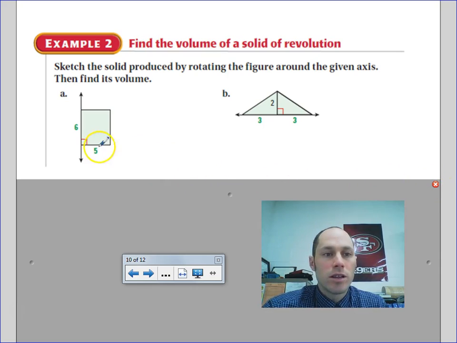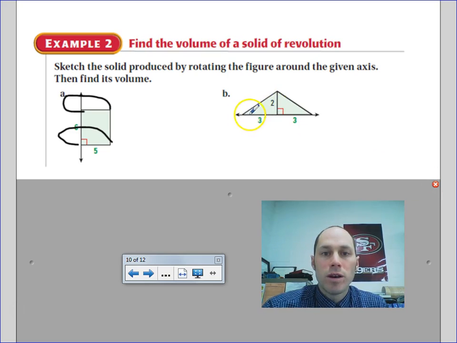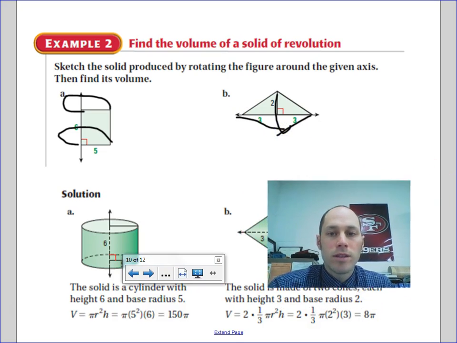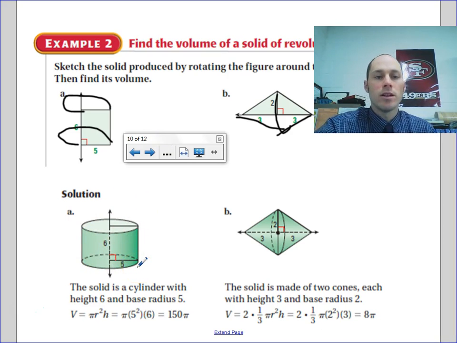All right, so as we take a look at this first one, it's rotating around, so we've got a cylinder as it rotates over. And this one, we've kind of got two cones as they rotate over. And as we take a look at that, we can see how we calculate the volumes of those. We'll talk about volume in a later lesson, so don't worry so much about that at this point, but this is kind of giving us a visualization, kind of how this works, kind of an introduction to volume.